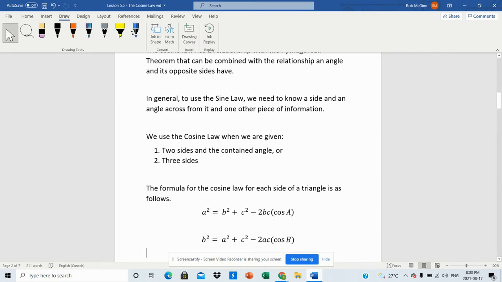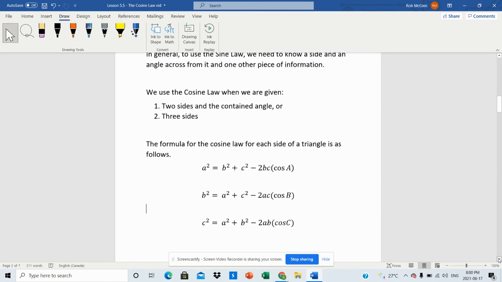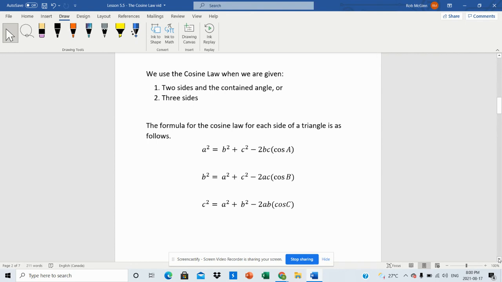And really, what you'll notice changes is whatever angle we're using, this big equation is equal to the opposite side squared. So we need to make sure we're setting the proper side squared equal to everything else and using the appropriate angle. So we're going to go through and use these formulas.